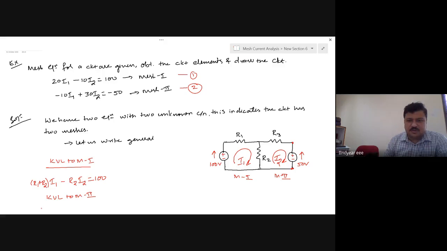Then KVL to mesh 2: minus R2 into I1 plus (R2 plus R3) into I2 is equal to minus 50.